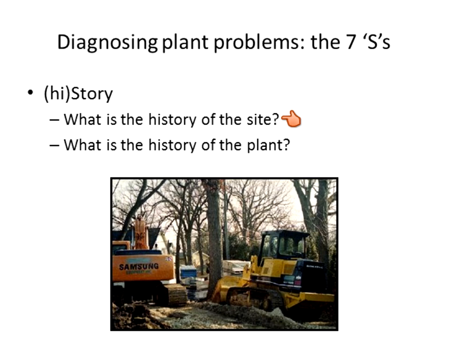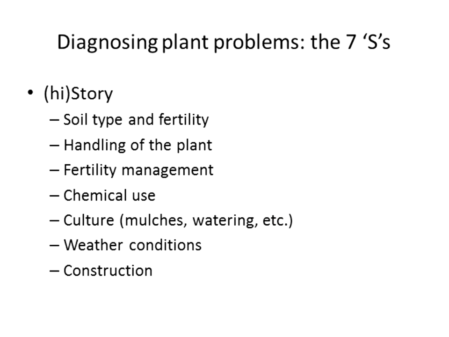Do they put on fertilizer, do they put on lime, what's their application of pesticides? What's been the story behind the plant? Has it been taken care of, has it been abused, have they tried to do funny things to it? Sometimes the client's not very forthcoming in revealing this information. So it might take you asking some questions, and maybe asking similar questions multiple times, in order to get the information you need.